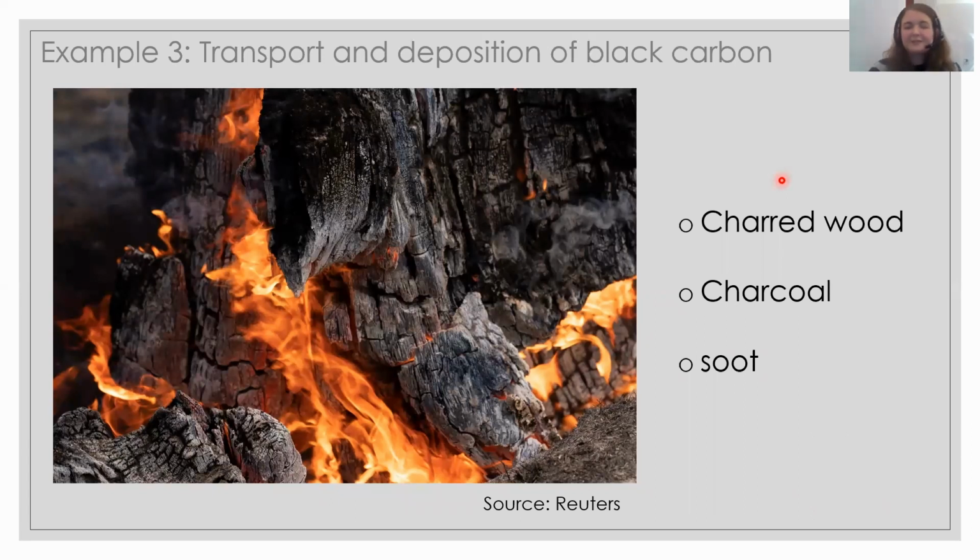Everything from charred wood, charcoal to soot is counted as black carbon. That's basically all partially combusted material. We can create these kinds of materials during wildfires, but they're also, of course, created by our burning of fossil fuels.